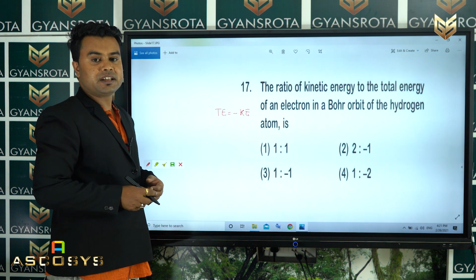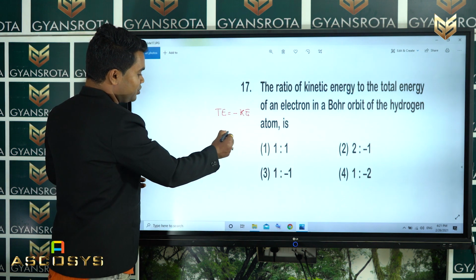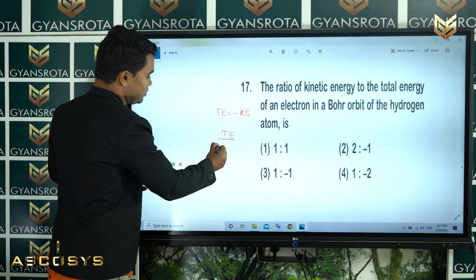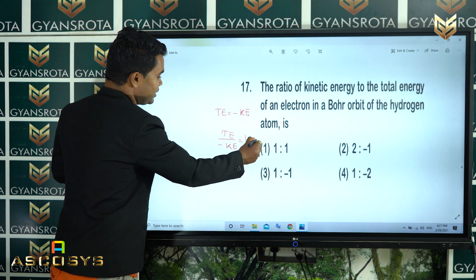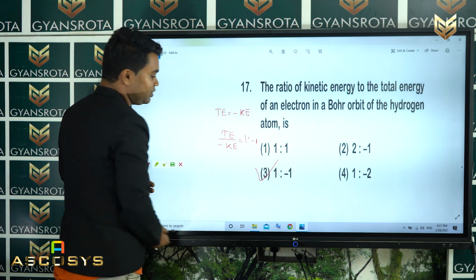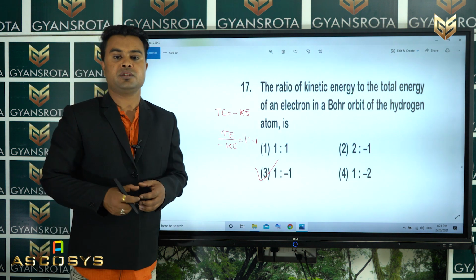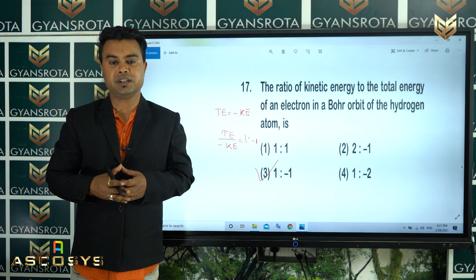So you have to take the ratio between total energy and what? Kinetic energy. So total energy to kinetic energy will be equal to 1 is to minus 1. So which one is the correct answer? Option 3 is the correct answer. So now we will move to the next question, that is question number 18.